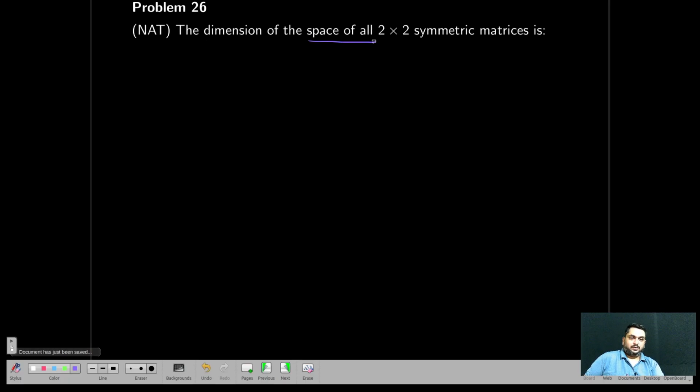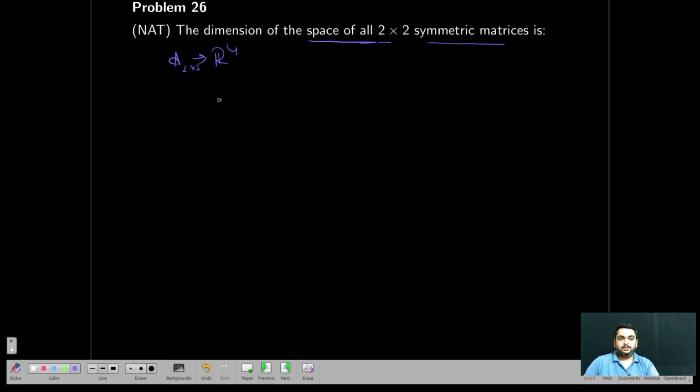The dimension of the space of 2 cross 2 symmetric matrices. They are saying 2 cross 2 symmetric matrix. So you think, and so we will get the correct answer. Most of them say 4 elements means they will write R4. Matrix A 2 cross 2 is R4, they say. So they say dimension is 4.